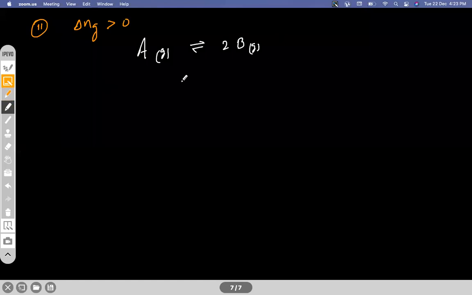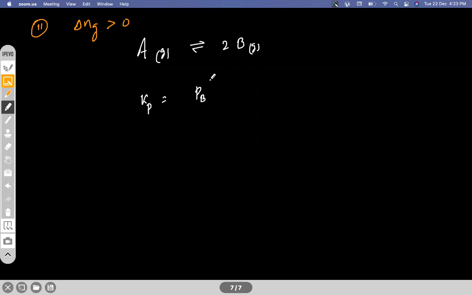So Kp equals the partial pressure of B square divided by the partial pressure of A. Sorry, only A, not square.